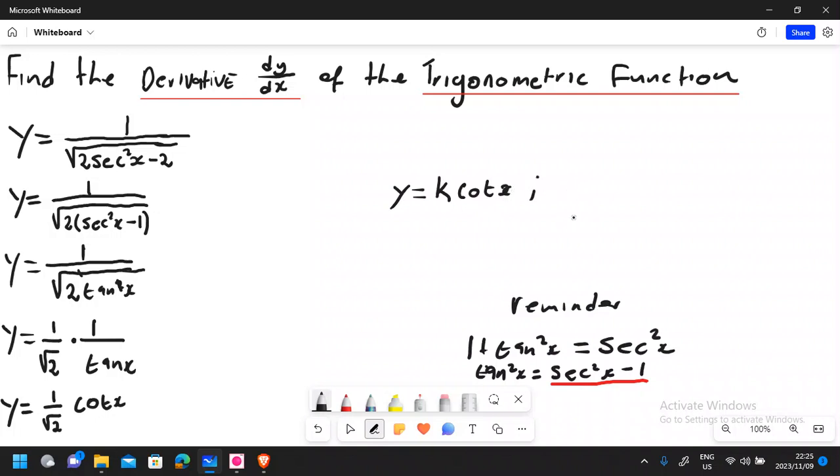When we find dy over dx of this problem, if you still remember from our formula, it's going to be negative cosec squared x. But don't forget that we also have k. Let me erase this and write k. I almost forgot the k, guys. So it's going to be negative k, then that.